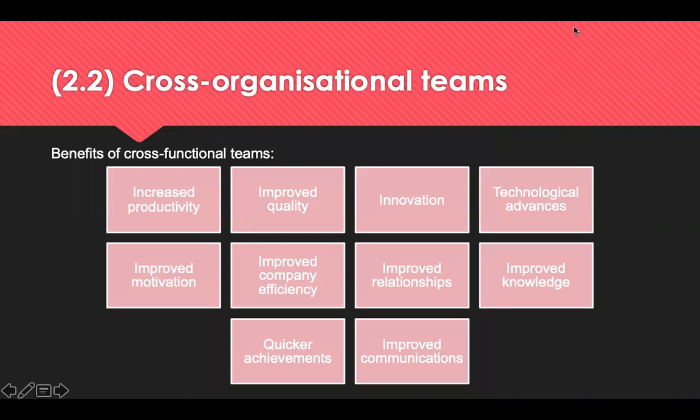Now, cross-functional teams are teams that include members of different areas of the organisation, and maybe even some external stakeholders like suppliers and customers. The benefits of these cross-functional teams are increased productivity, where the team can generate more ideas than they could on their own.